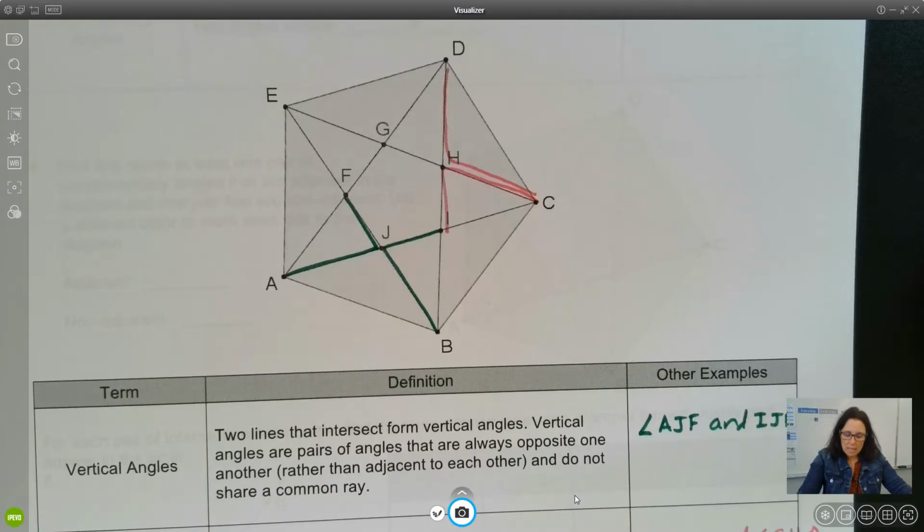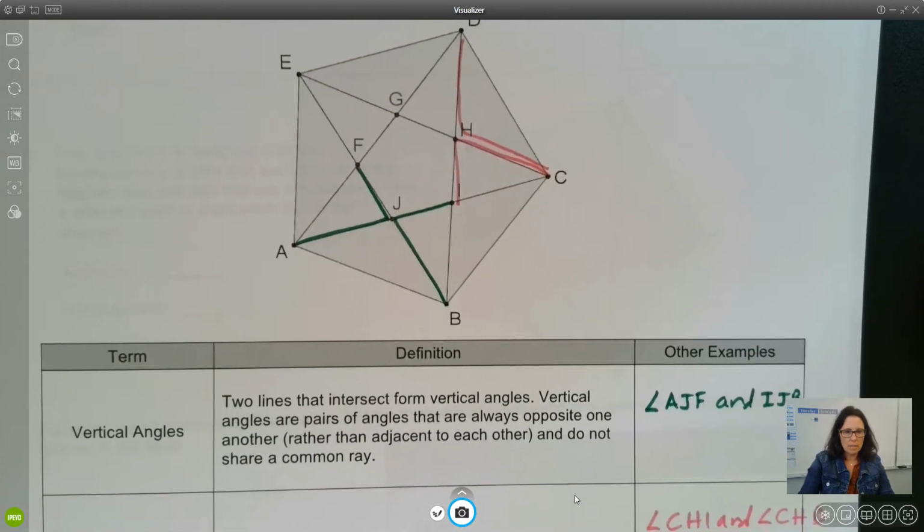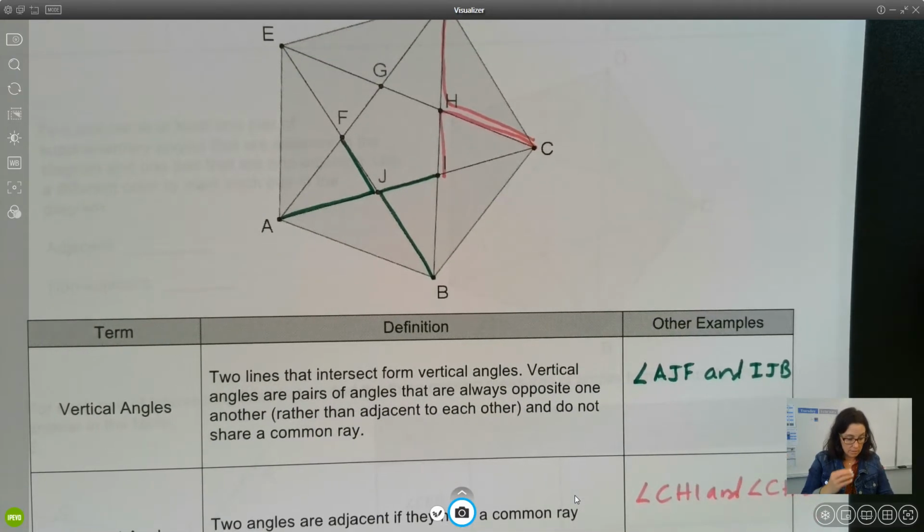Okay, number one, name at least two vertical angle pairs using a different colored pencil to mark each pair in the diagram above. All right, so I've got my diagram already looking pretty colorful, so I'm going to go ahead and point them out to you.